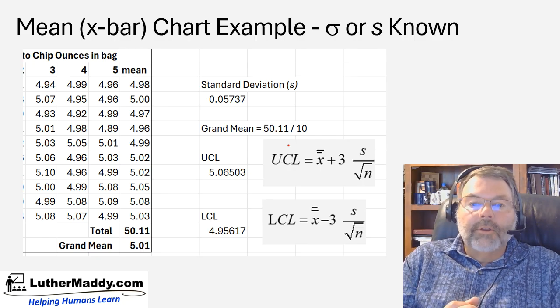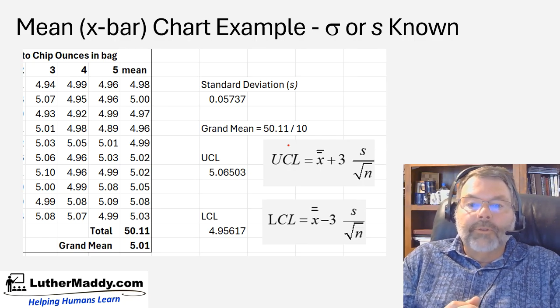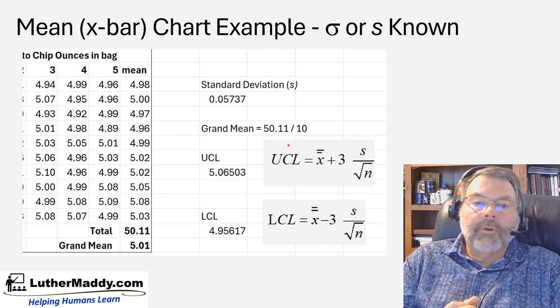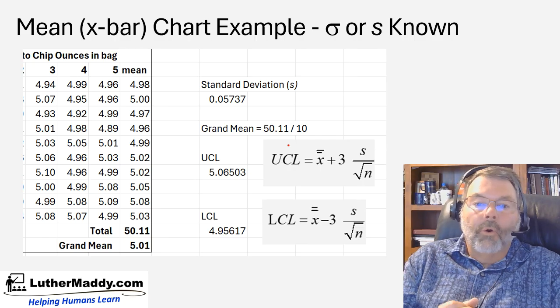In this case, n is 10. So then we have the lower control limit, grand mean, minus 3 times the standard deviation divided by the square root of n again. So we have an upper control limit of 5.065 and a lower control limit of 4.96. And so what that's telling us then, as long as our mean is within that range, is that it is in control.